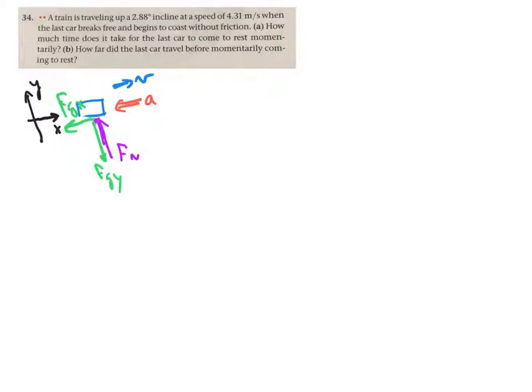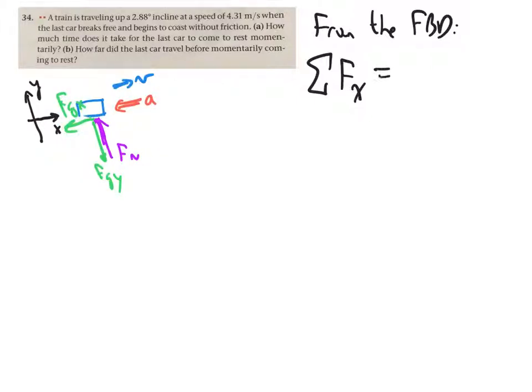To use the second law, I want to go to my diagram and say from the free body diagram, the sum of the forces in the x direction, the sum of the forces along my incline, is, well, there's actually just the one, FGX, and it points down the incline.